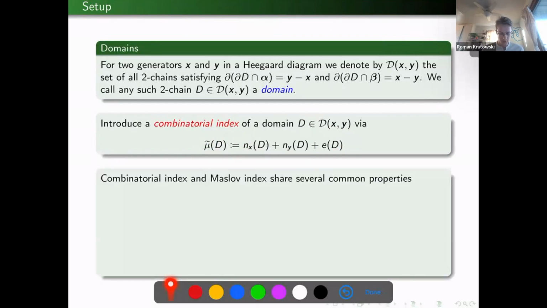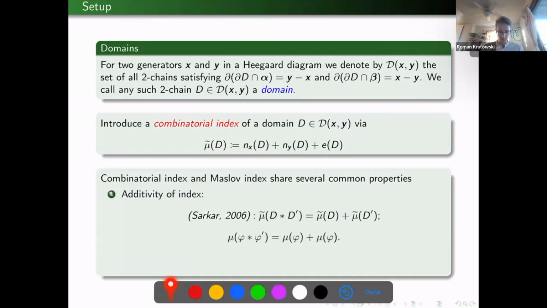So what are those properties? First, they are both additive. By this I mean that, for instance, if there are two domains, one connecting x to y, the other connecting y to z, we can define the so-called joint sum by just taking a sum of chains.